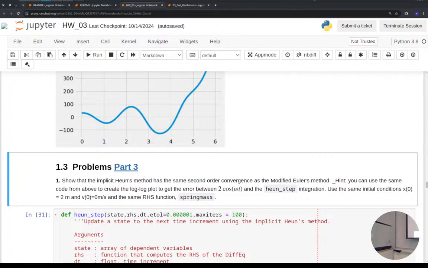Oh, yeah, I was messing around with that one. Well, I think you're exactly right. But it's definitely converging faster than squared, right?